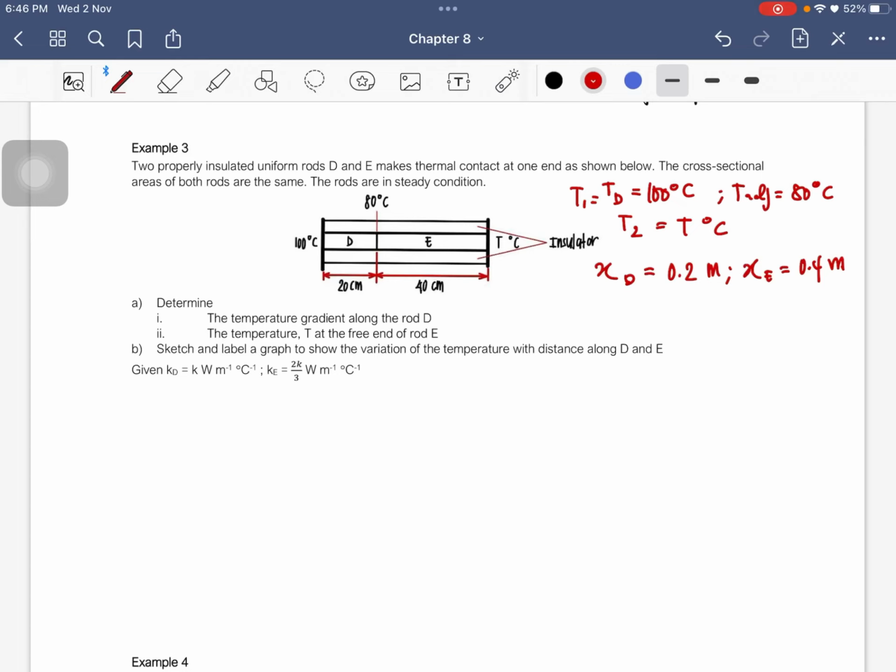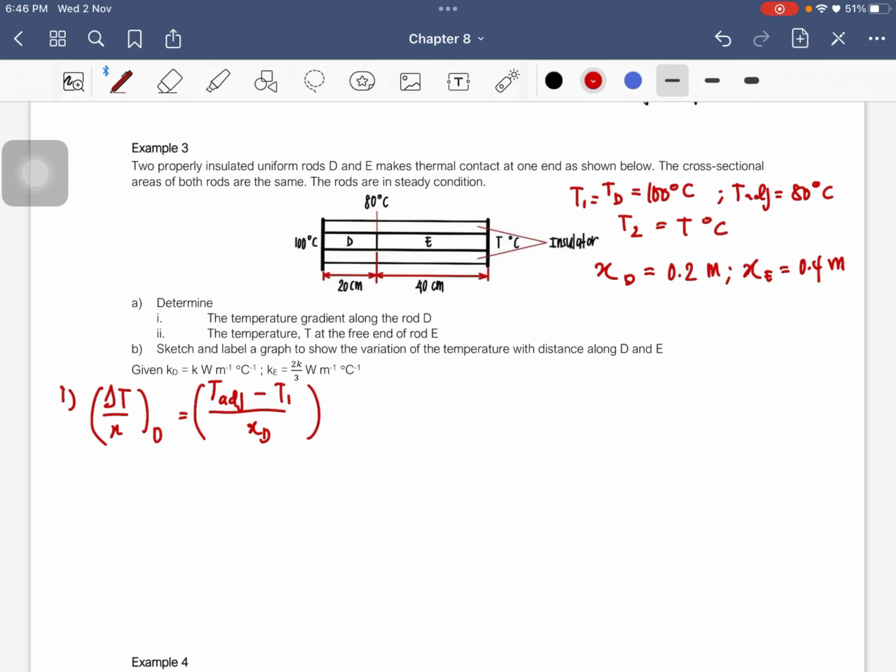Okay, so is that it? Yeah, that's basically it. So we have to determine the temperature gradient along rod D. Temperature gradient is delta T over X. That is for material D. So delta T for the first material will be the temperature of the adjoint minus the temperature of the material, and then this is the thickness.